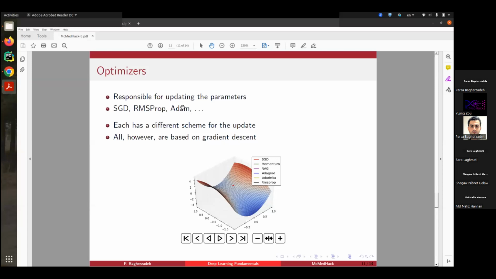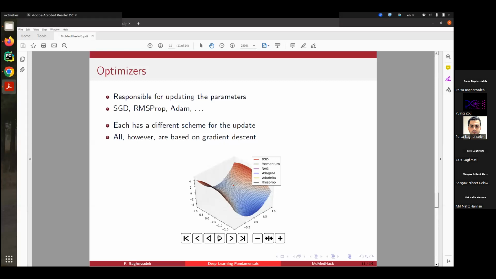We provide the gradient of the loss to these optimizers, and they are responsible for updating these values. We have different optimizers like stochastic gradient descent, RMSprop, adaptive momentum, and so forth. Each has a different scheme for updating the parameters, but most or all of them are based on gradient descent.